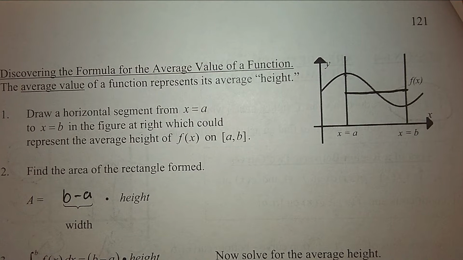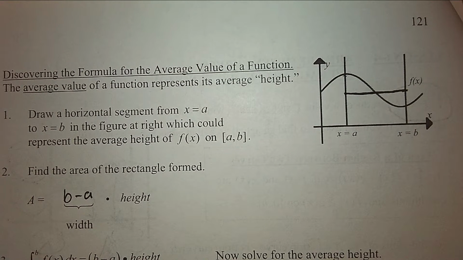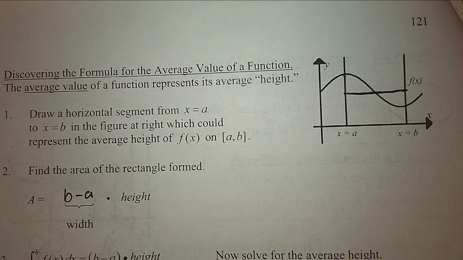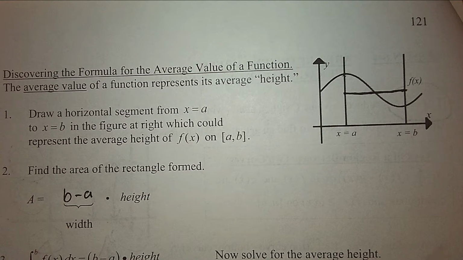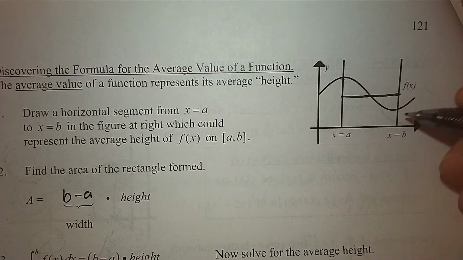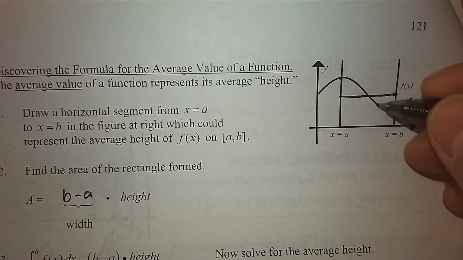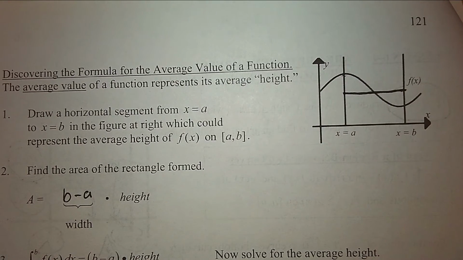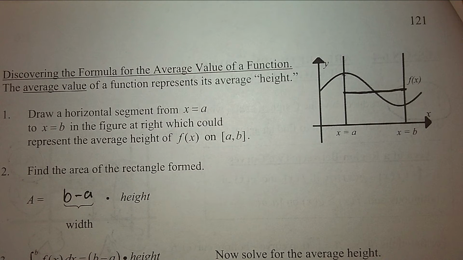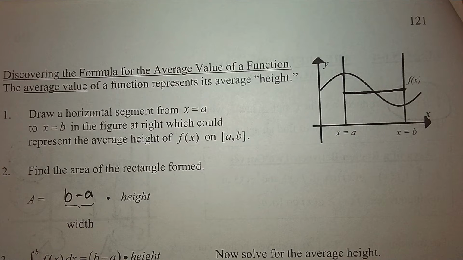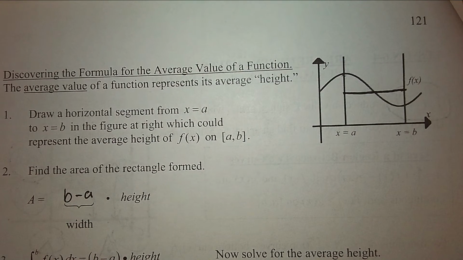Then it says when you integrate that, can you now solve for the average height? So from A to B, how do you find the area of what I just drew? You integrate from A to B, and that's equal to B minus A times the height.